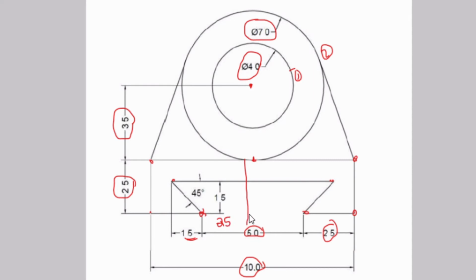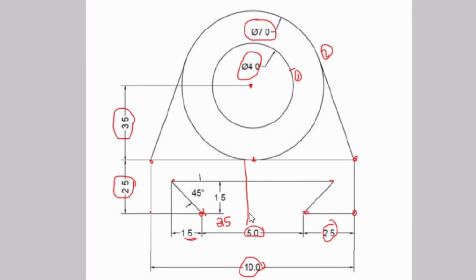So from the center toward this side you need 25, and from here there is a line. To get the length of that line, you can always use Pythagoras theorem. But I am not suggesting those analytical methods when you are using graphical software. I'm advising it's better to use some graphical approach to get these unknown measurements. So let me show you how I'm going to solve that problem.